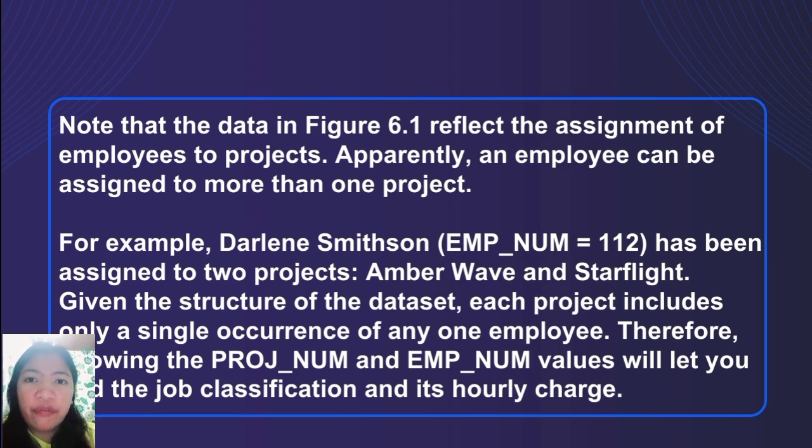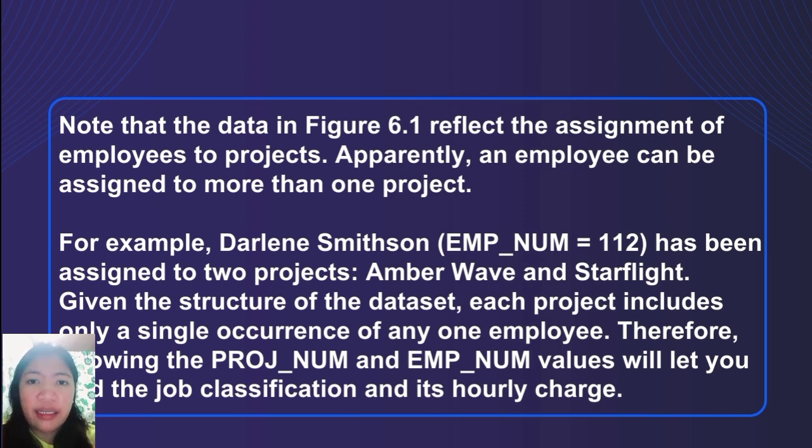Given the structure of the dataset, each project includes only a single occurrence of any one employee. Therefore, knowing the project number and employee number values will let you find the job classification and its hourly charge. In the data set shown in figure 6.1, the employees can be assigned to multiple projects.